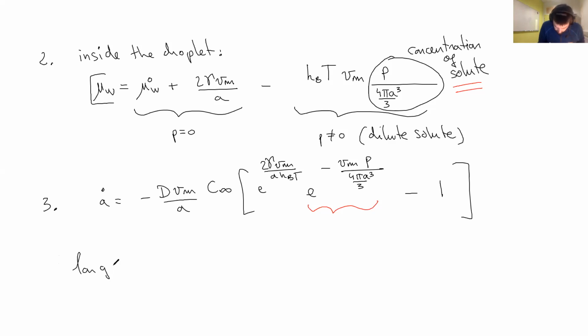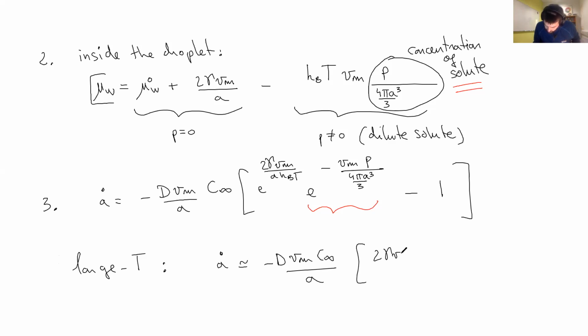I think it's still question number 3, yes. So we will linearize again the term. And then I end up with 2 gamma Vm over kBT A minus Vm P. And I can also absorb the A in front here.